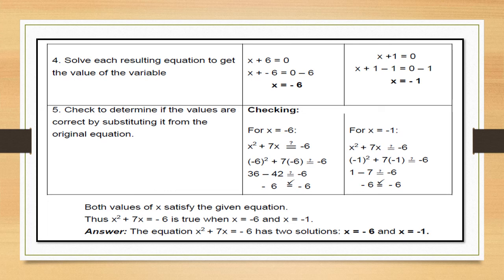For the second, negative 6 is equal to negative 6. Both values of x satisfy the given equation, thus x squared plus 7x equals negative 6 is true when x is equal to negative 6 and x equals negative 1. Answer: the equation has two solutions, negative 6 and negative 1.